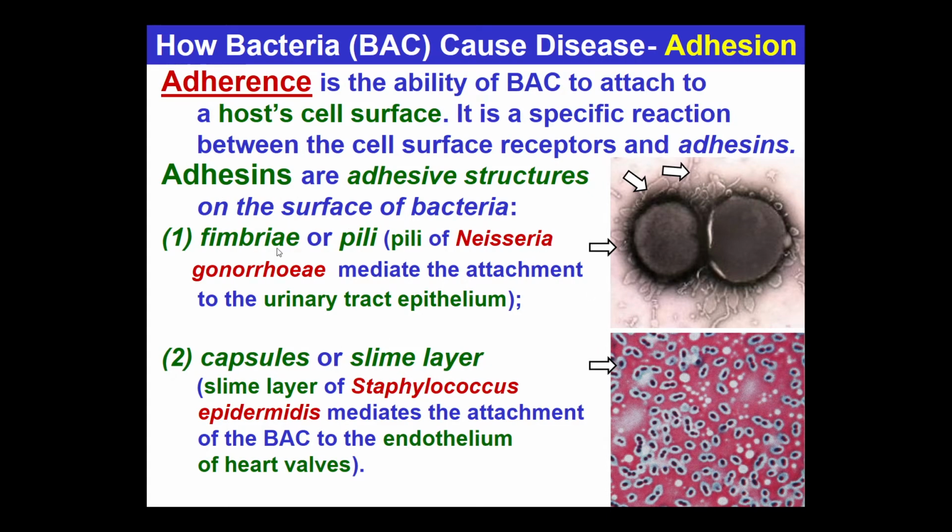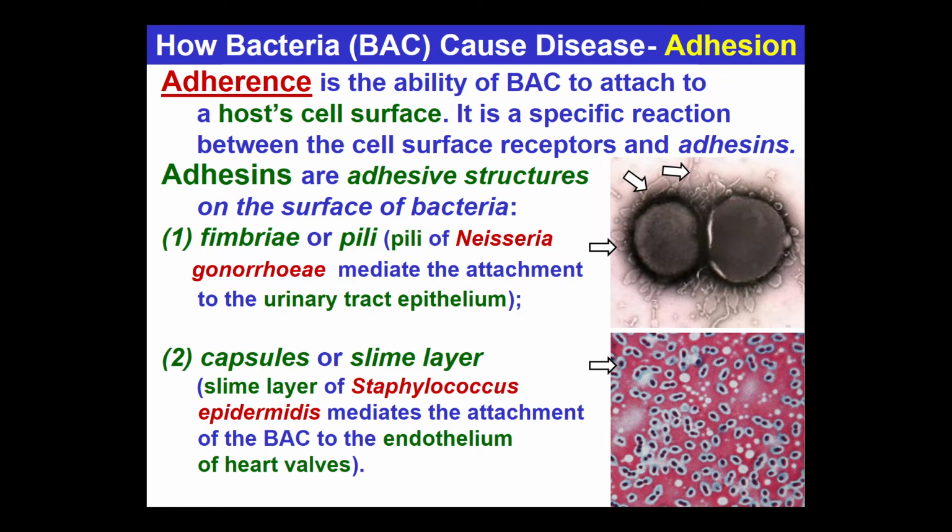Second adhesiveness factor is the capsule, the slime layer. In the photograph, in the right lower part, you see Staphylococcus, gram-positive organisms that are surrounded by a white capsule. This capsule protects these bacteria from phagocytosis, and in this way serves as an aggressiveness factor.